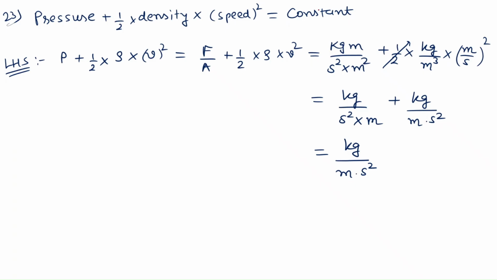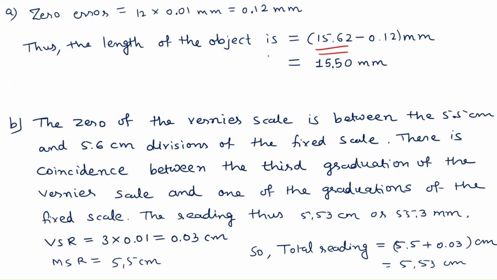Okay, it is an observed value, so you have to just subtract the error. If there is no error, you do not need to subtract, but you have an error in the initial reading. So this is the error.